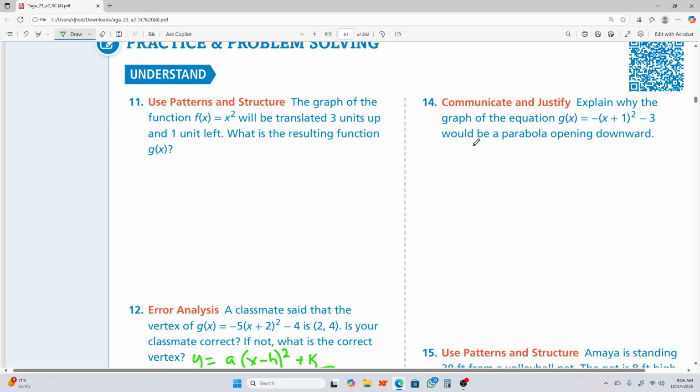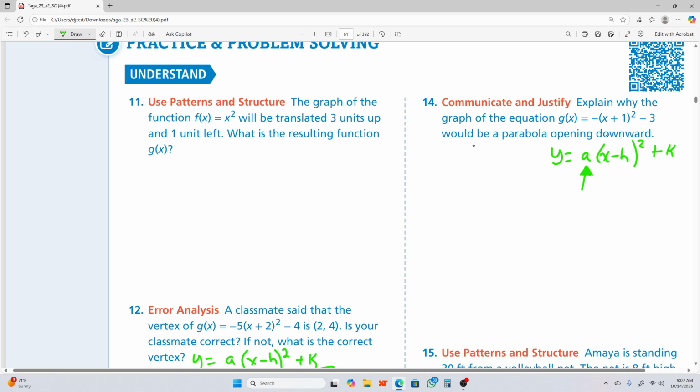Number 14. Explain why the graph of the equation g of x equals -(x plus 1) squared minus 3 would be a parabola going downward. Y equals a times (x minus h) squared plus k. What tells you which way the parabola faces? That A right there.